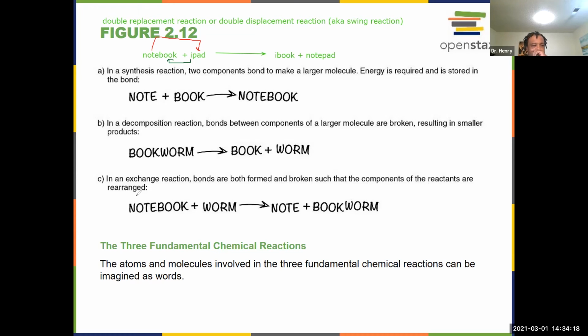For instance, we use one for building things and one for breaking things down, right? If you remember, last week we talked about catabolism versus anabolism. Both of those are considered metabolism. They're the opposites in a metabolic function.